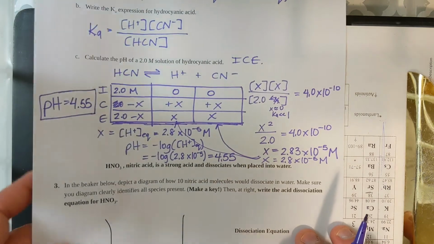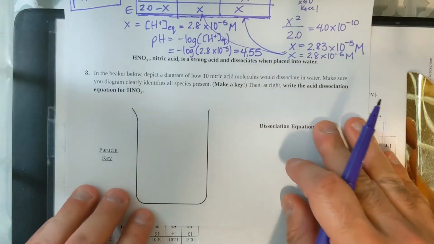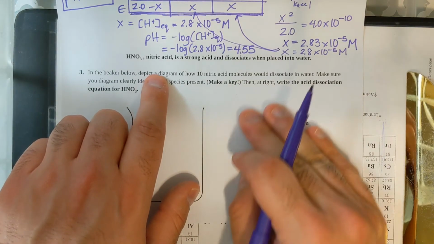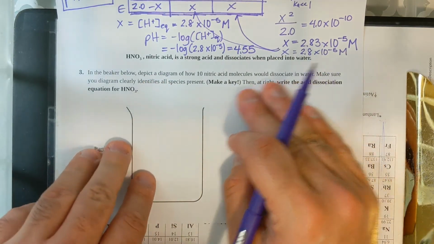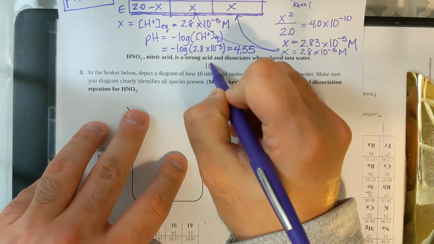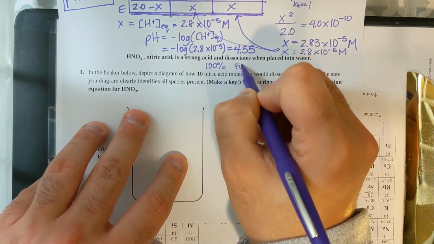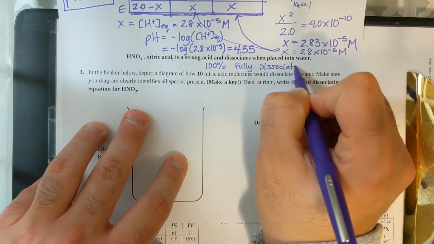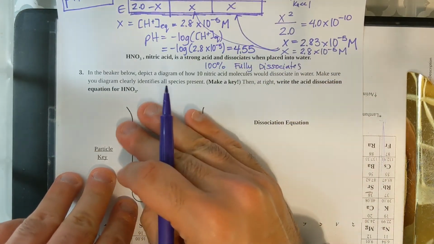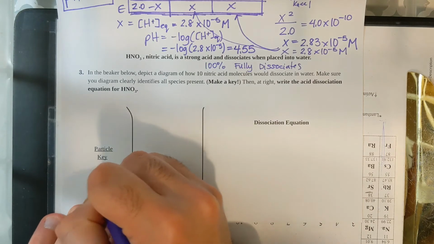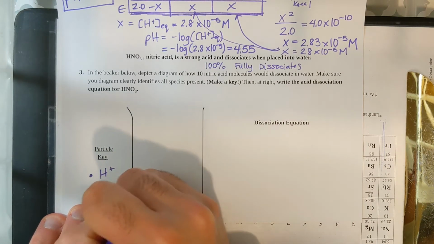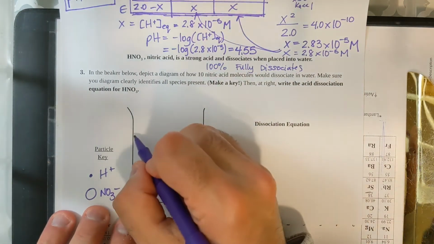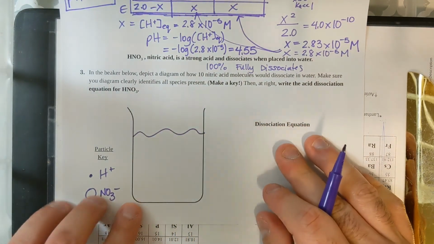All right. Then number 3, I have a strong acid that dissociates when placed in water. A strong acid 100% fully dissociates. So if I have 10 of the acid particles, let's say this is H plus, and this is NO3 minus, it is going to fully dissociate completely.